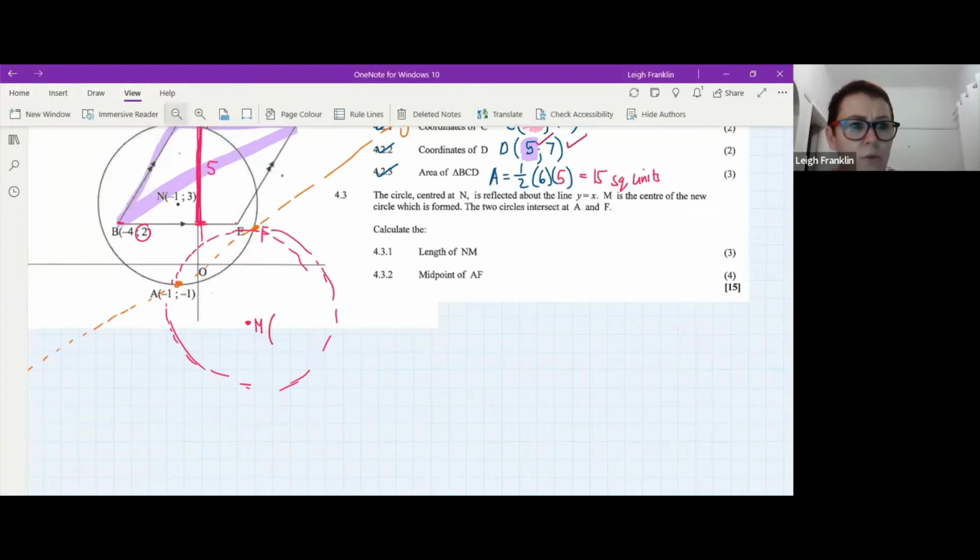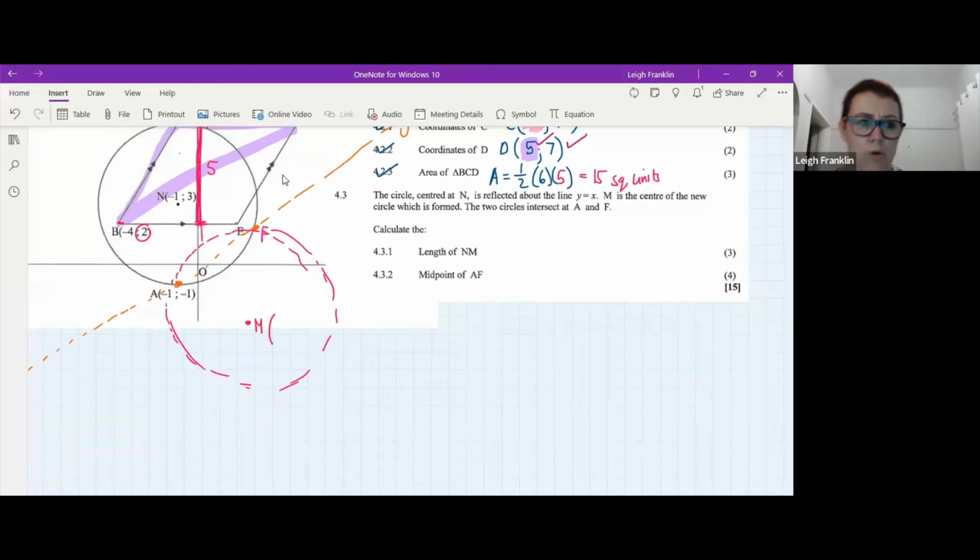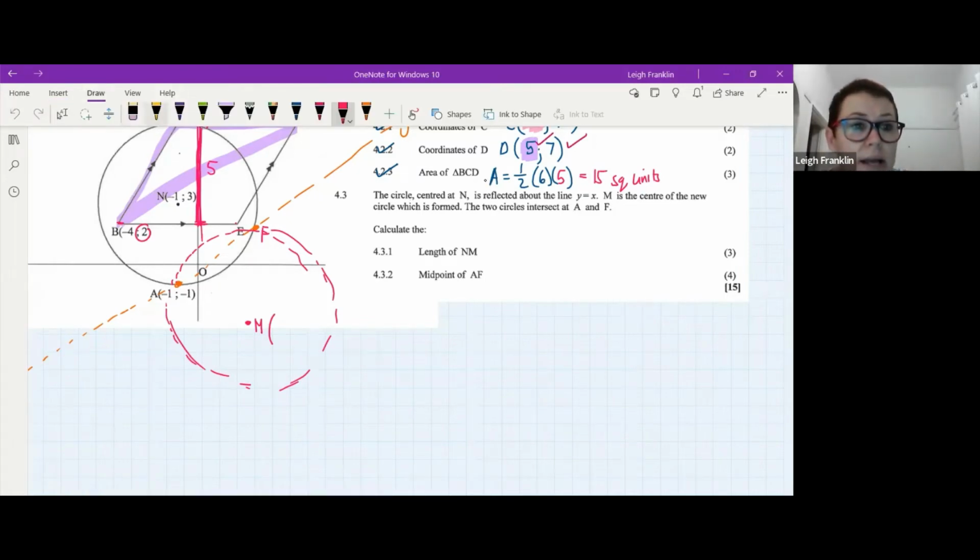How are we going to work out the coordinates at M? X equals 1, y 1. Remember, we reflected over the line y equals x. Can you see there?